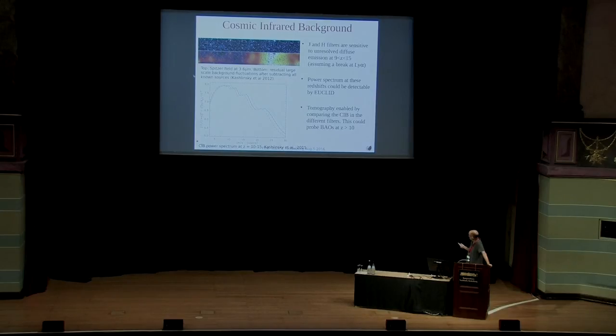And if that works, that would be really neat, because that would allow to do tomography by comparing the CIB in the different filters, and that could provide a measure of the BAO at redshift above 10.